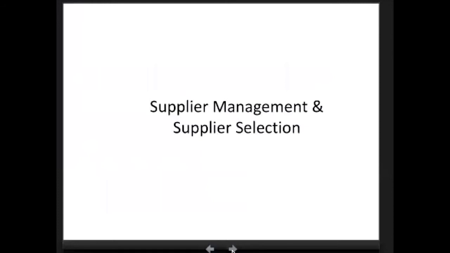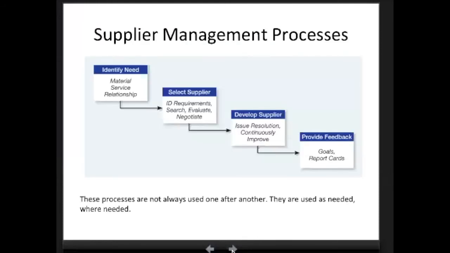We then have some video discussion on supplier management, and supplier management basically involves 4 steps. You're identifying the need for the organization, could be in the form of material, could be in the form of some service, could be also in the form of some relationship that is needed from a certain supplier. Then you look for suppliers who can fulfill that need.